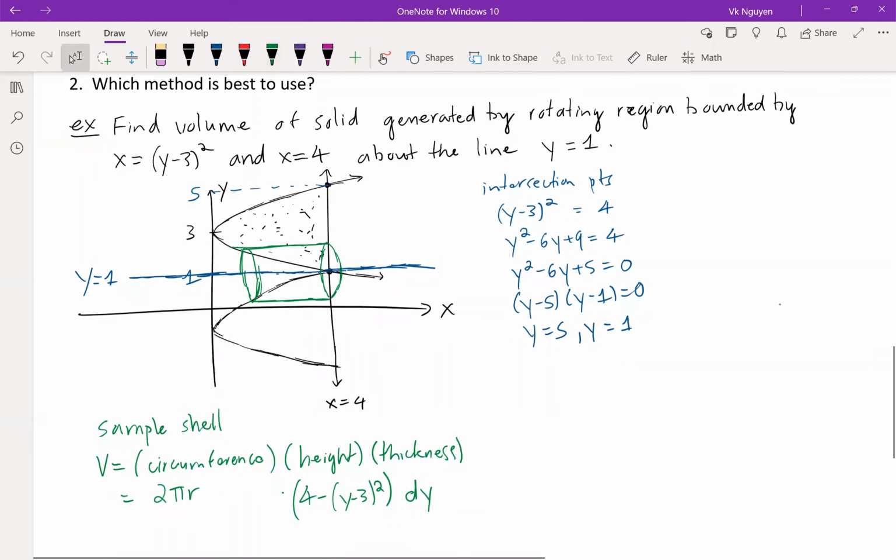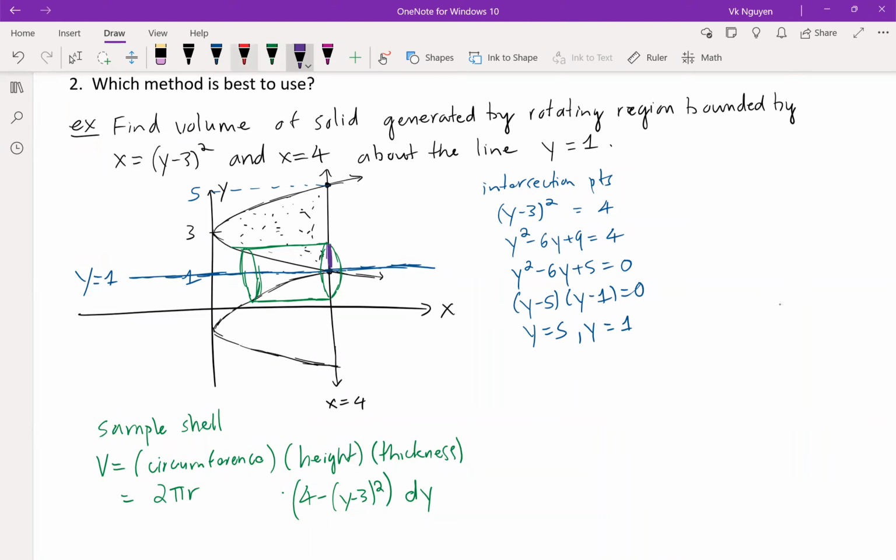Next step is, let's take a look at the radius. The radius is this. This is the radius right here. And as you can see, the radius is y minus 1. Why? Because this distance right here is the line y equals 1, right?